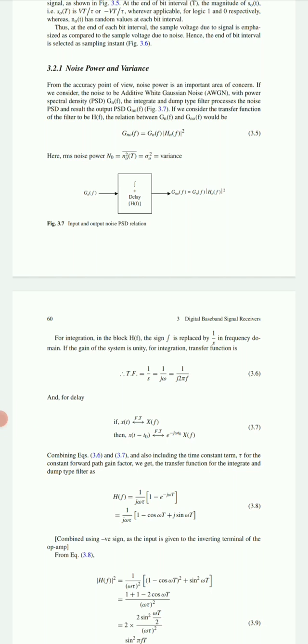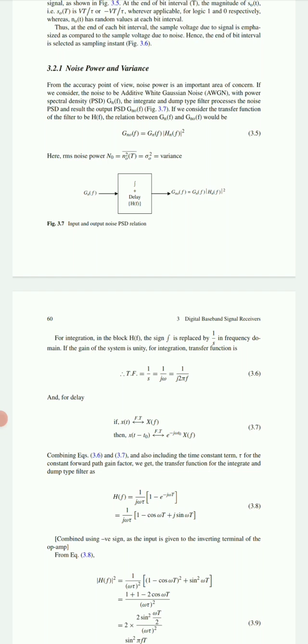1 by s we can take as 1 upon j omega, and omega we can write as 2 pi f. So we can write 1 upon j 2 pi f. For the delay, if x of t has Fourier transform x of f, then x of t minus t0 has Fourier transform e to the power minus j omega t naught into x of f. You are supposed to understand how we take the Fourier transform.